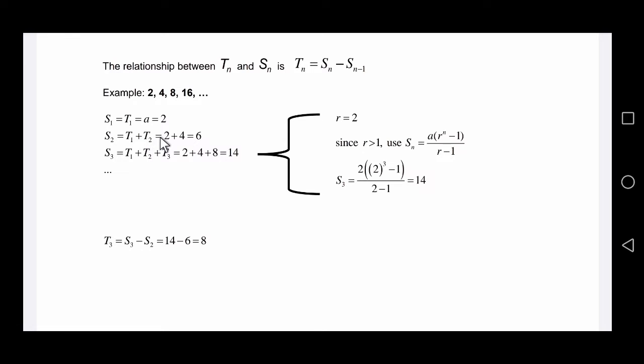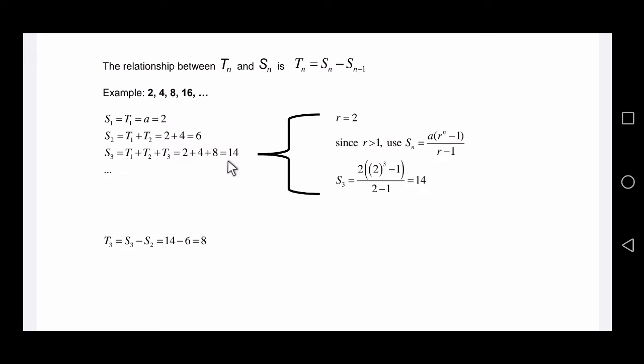So you have 2 plus 4 equals 6. If you want to find the sum of the first three terms of this sequence, we can take T1 plus T2 plus T3 equals 2 plus 4 plus 8 equals 14.